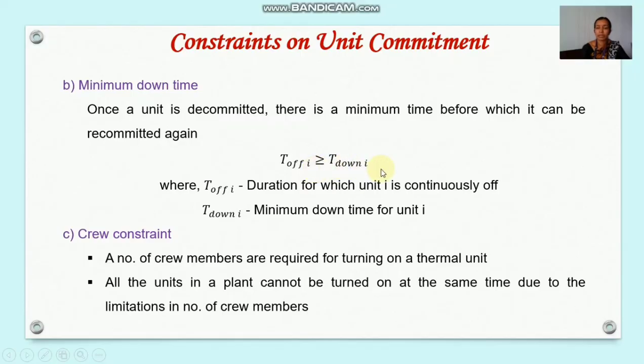If we take that much time to cool it to ambient temperature, then the off time, the duration for which unit I is continuously off, should be greater than or equal to that down time.